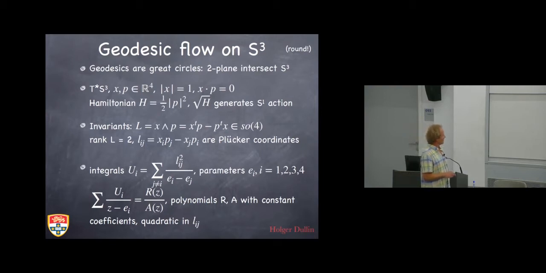If you want to write it in components, this is X_i P_j minus X_j P_i. And this is, if you want, your standard angular momentum, but now there are 6 of them. The rank of this matrix is only 2. In general it could be 4, but it's only 2 because we started with this geodesic flow. So these are also known as Plücker coordinates.